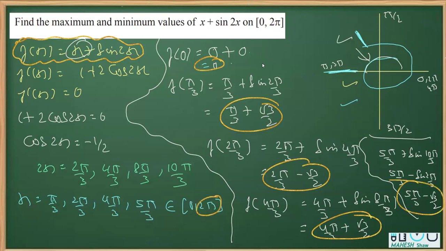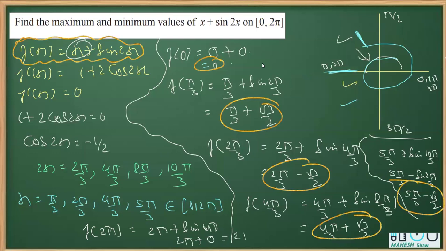And finally we are left with 2 pi. If I find out this also, the function over here, f(2 pi), is 2 pi plus sine 4 pi, and sine 4 pi is 0 again.